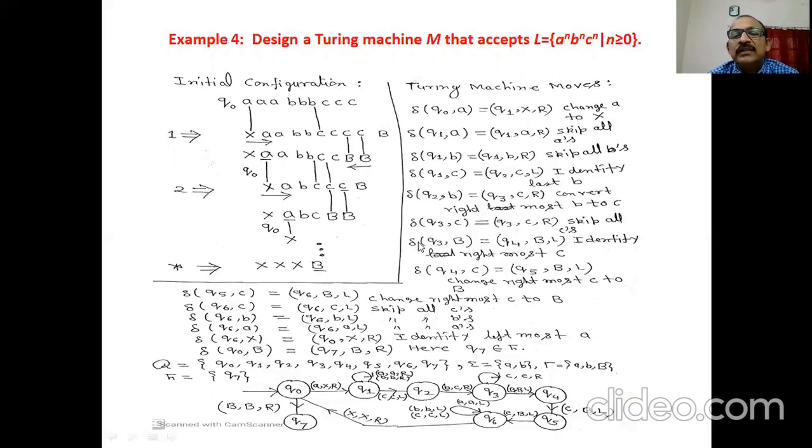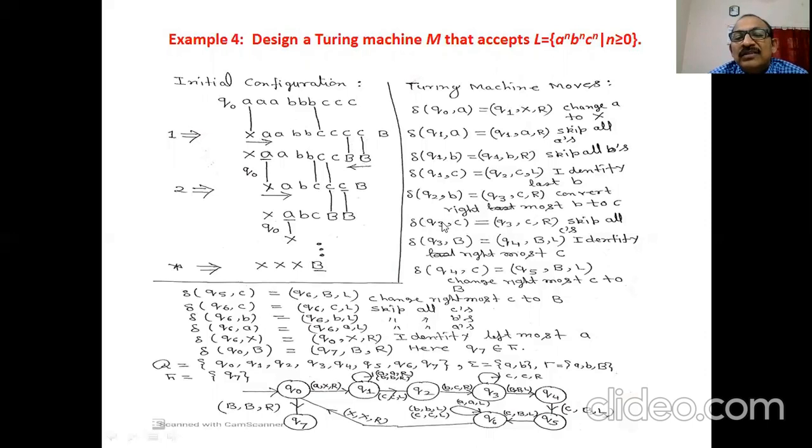And we do this activity until the capital B is encountered. If capital B is encountered, we go to the state Q4, replace this B by B and move in the left direction. What we want at this place is to convert two consecutive C's into capital B, means we want to remove the rightmost two C's into blank symbols.